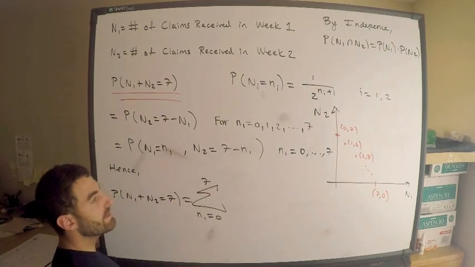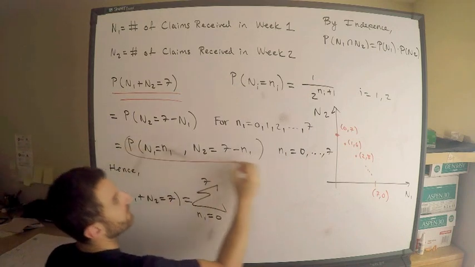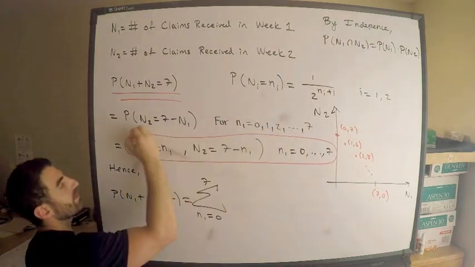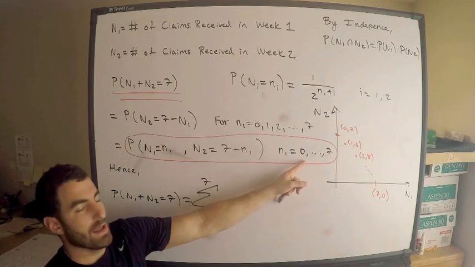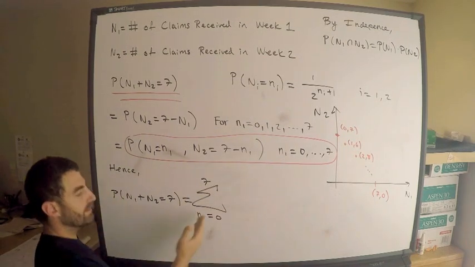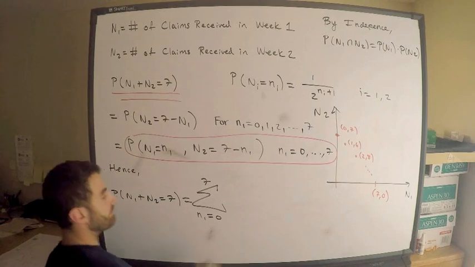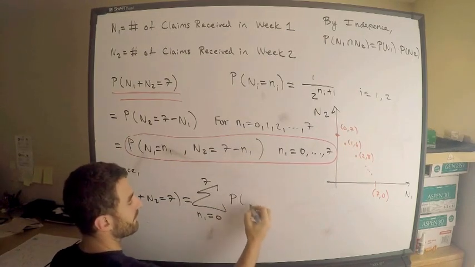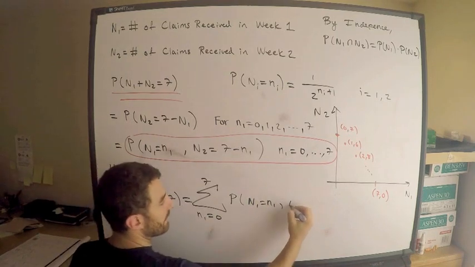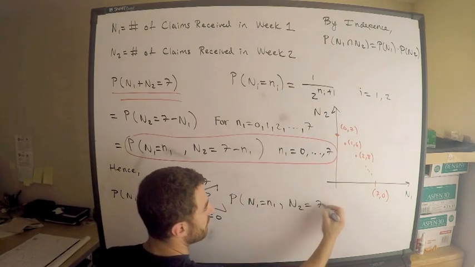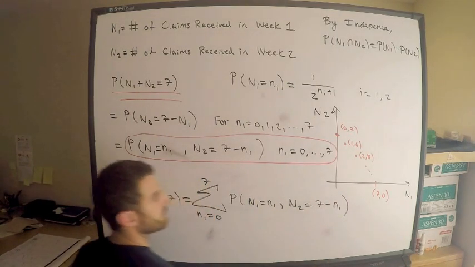Because I need to account for all of these values of n1. And I'll do that by giving a sum, okay? Probability n1 is equal to little n1, and n2 is equal to 7 minus n1.